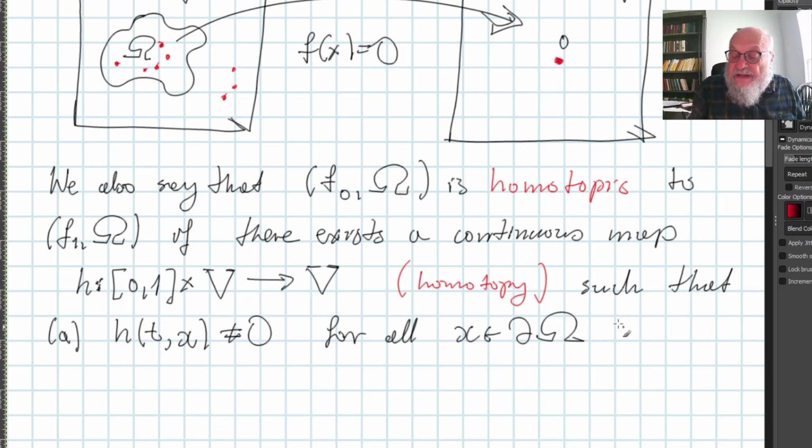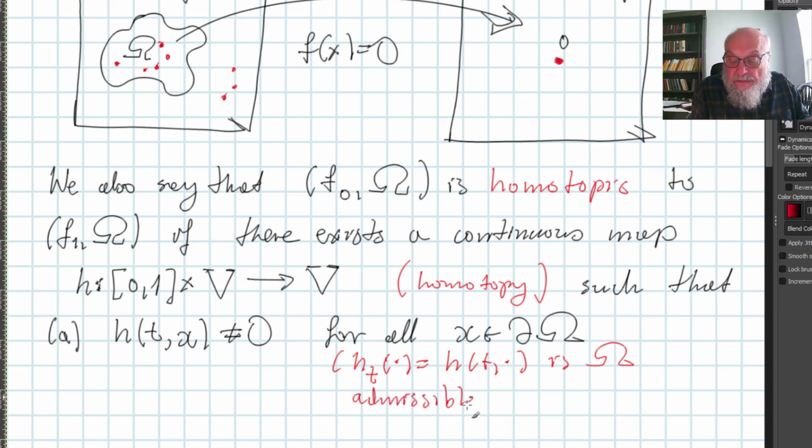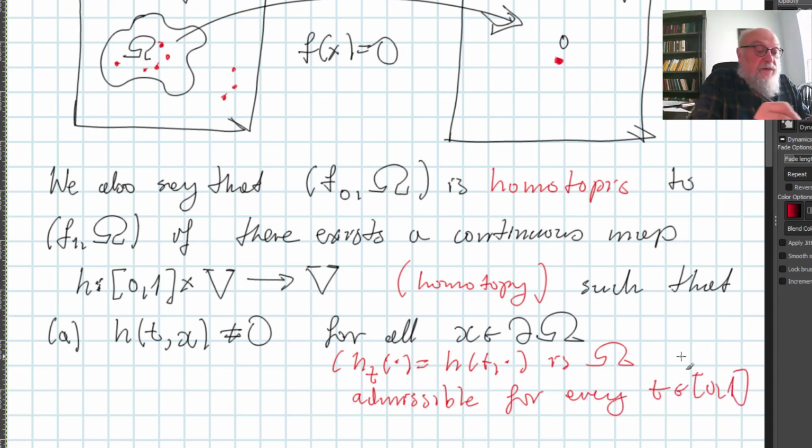So this means admissibility. This means that H_T, that is H(T, ·), is omega admissible for every T belonging to [0, 1].